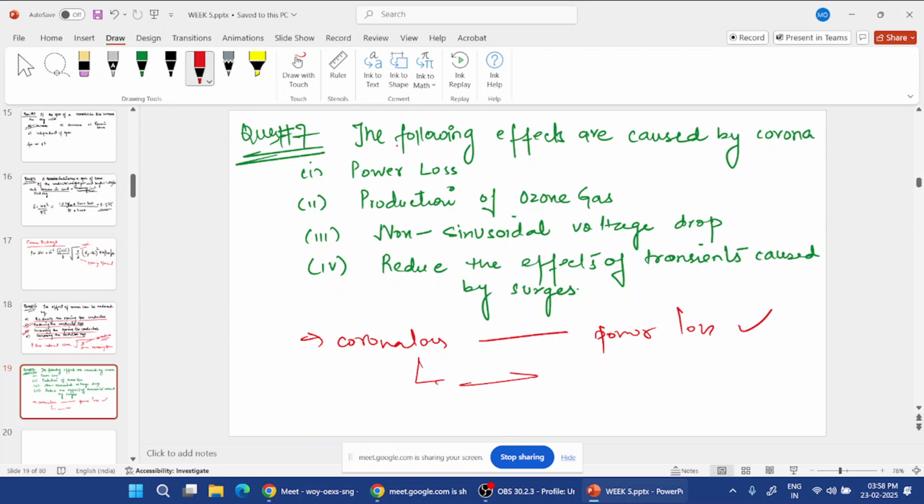It is due to the production of ozone gas. Okay. Non-sinusoidal voltage drops, they don't generally do these type of specific drops, okay, or reduce the effects of transients caused by surges. This is not the effect. So basically, the correct option is first and second.